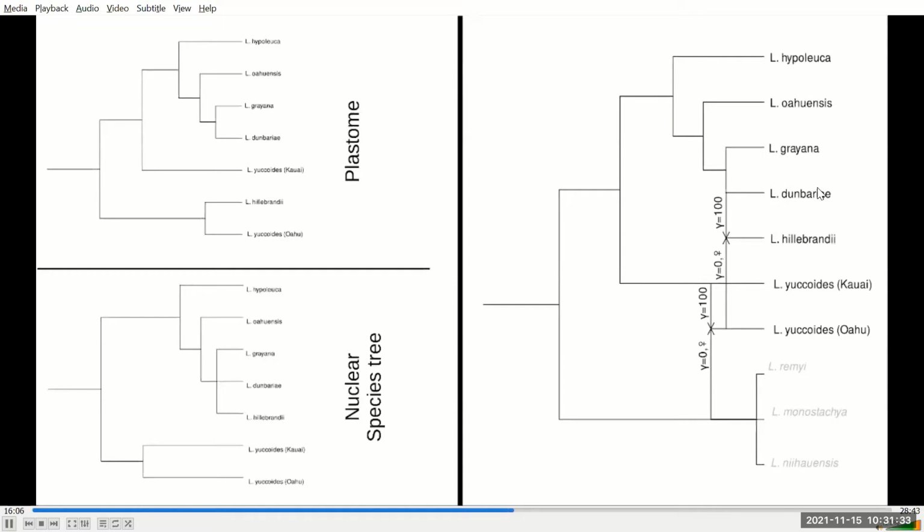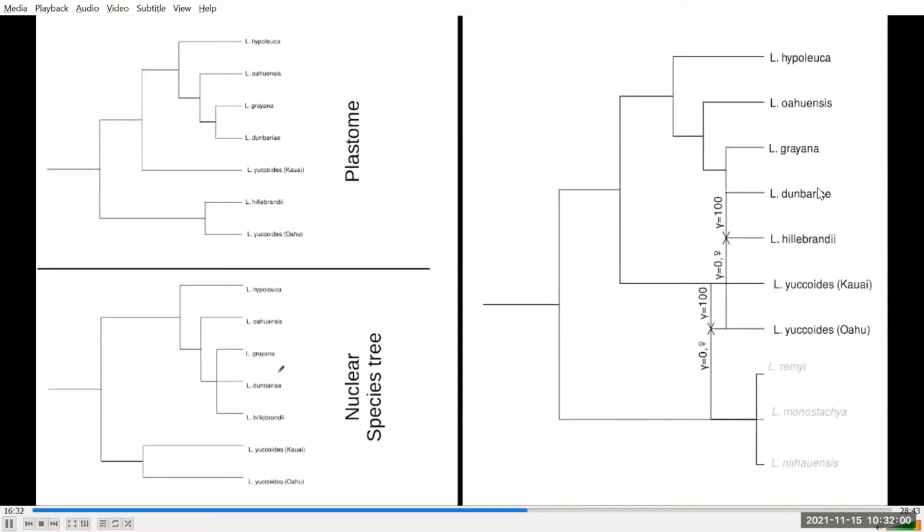So I've used here the population and primary concordance tree, which is a species tree, and here it is shown in the bottom left. The population tree and the primary concordance differed in how they ordered Hillebrandii, Dunbarii, and Grayana, so I just showed them as a polytomy, but each of them did show it as a bifurcating tree.